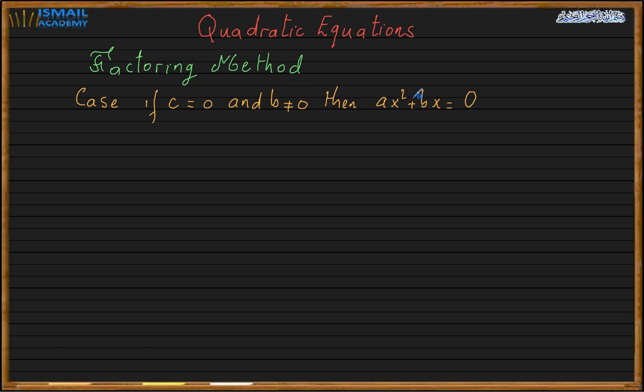So here we don't have to use any method we learned before in terms of factoring. We can use the concept of the common factor. To solve ax squared plus bx equals 0, we use the concept of common factor.